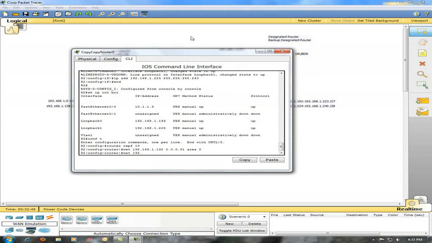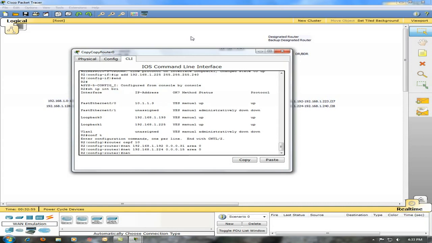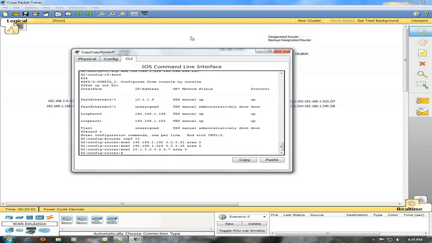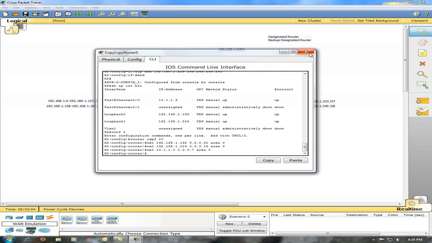Second network 192.168.1.224, and network 10.1.1.0 0.0.0.7. So there's router 2, all done.